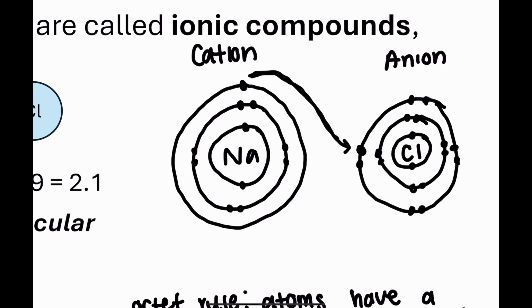This transferring of electrons is what gives our atoms a charge, which is why we see Na plus and Cl minus. The difference in charge creates an attraction between the positive sodium ion and the negative chloride ion, which is what forms an ionic bond.